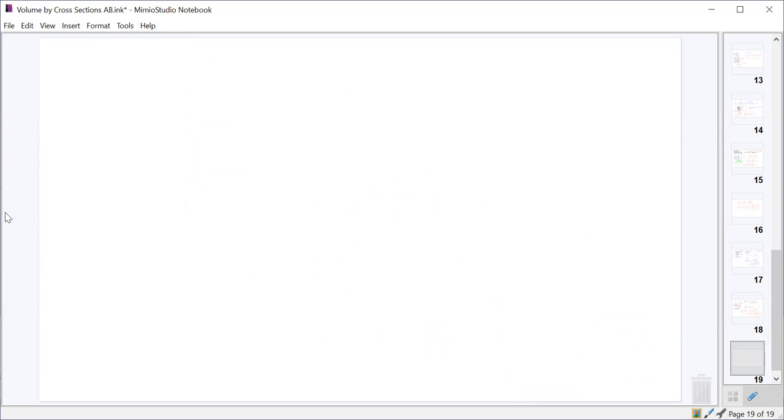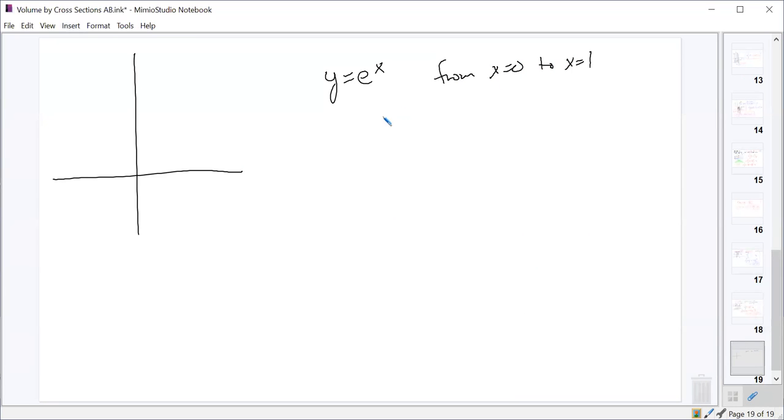But we're going to see if we can set up an integral that will give us the volume. We're going to take y equals e to the x from x equals 0 to x equals 1 and revolve it around the line x equals 2.